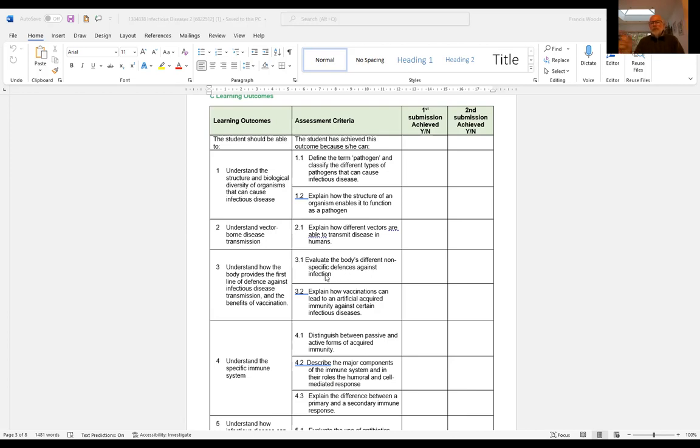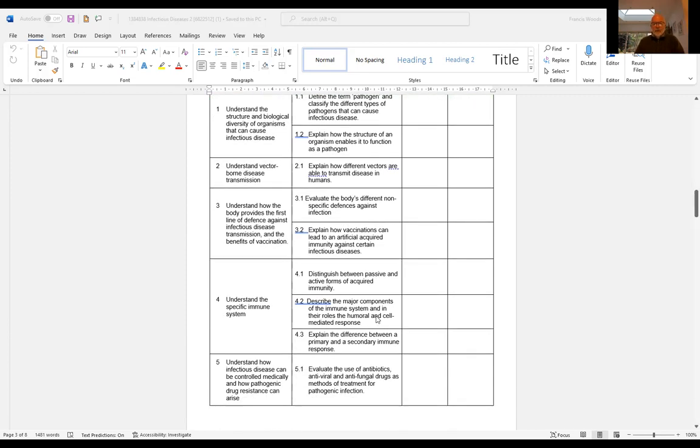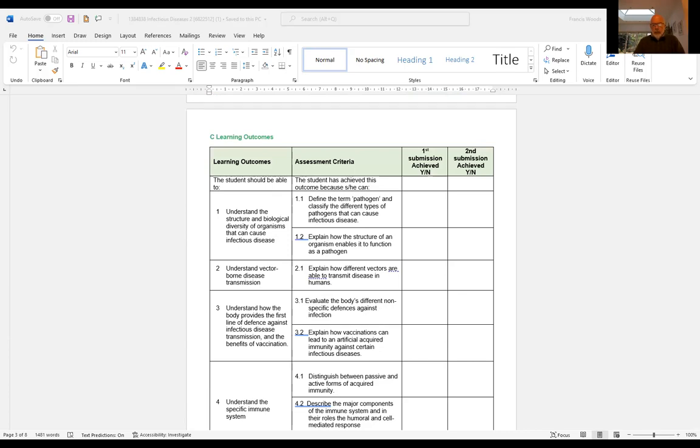In 3.2, which we'll meet slightly later on, we'll have a look at how there are specific defenses when we look at immunity and antibodies, etc. Okay, so back to me, and I will now share with you the PowerPoint.